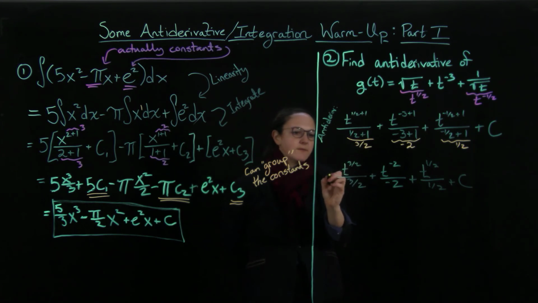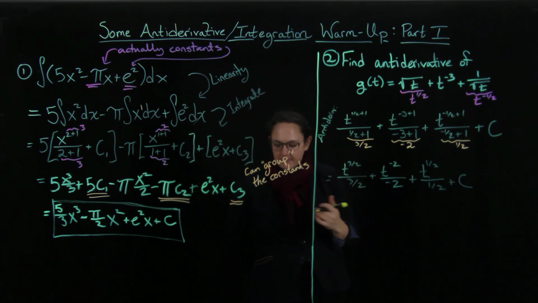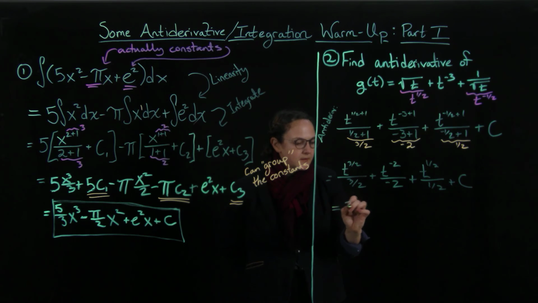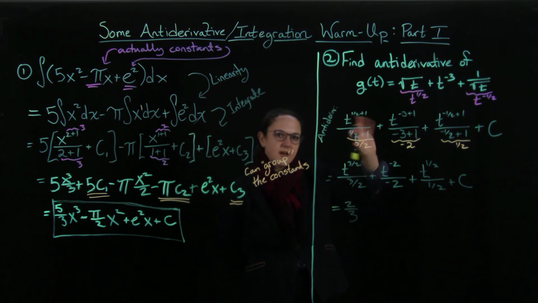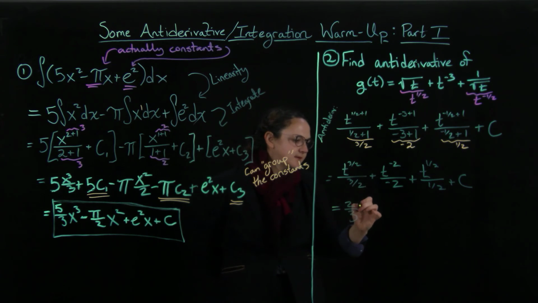Okay, so these are equal. Now, if I have 3/2 on the bottom, I can flip that up, right? So this is actually going to equal 2/3. When you bring it up to the top, you flip it over. You just have to remember that. So we get 2/3 times t to the, but we keep that power 3/2.